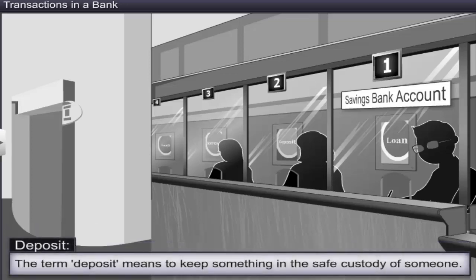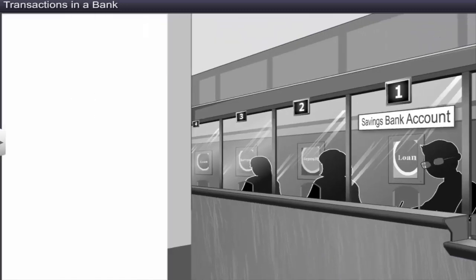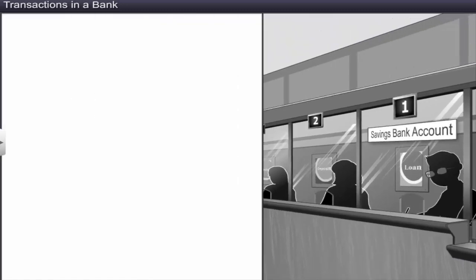The term deposit means to keep something in the safe custody of someone. To deposit money in a particular bank, you have to hold an account in that bank.